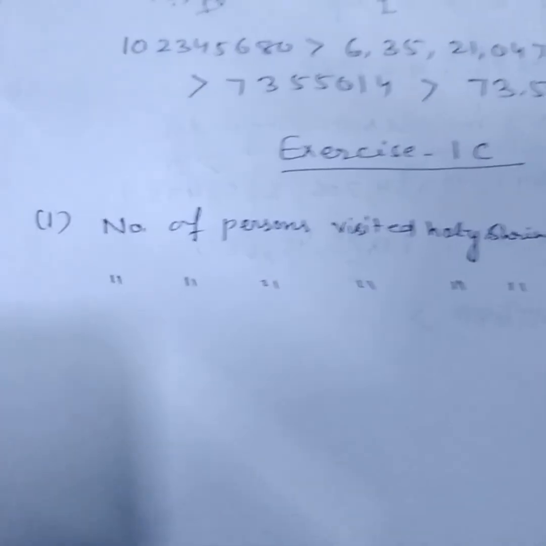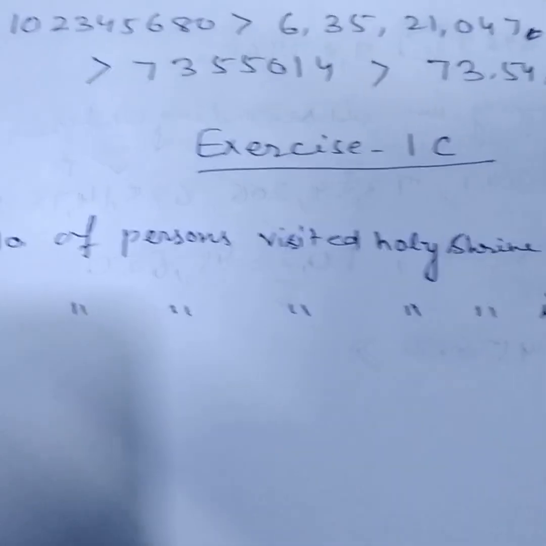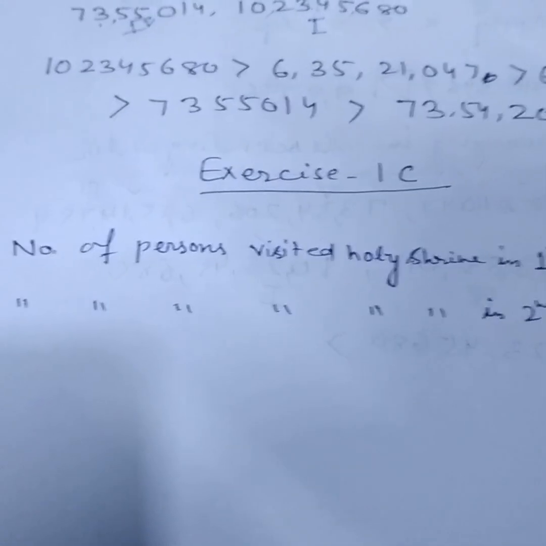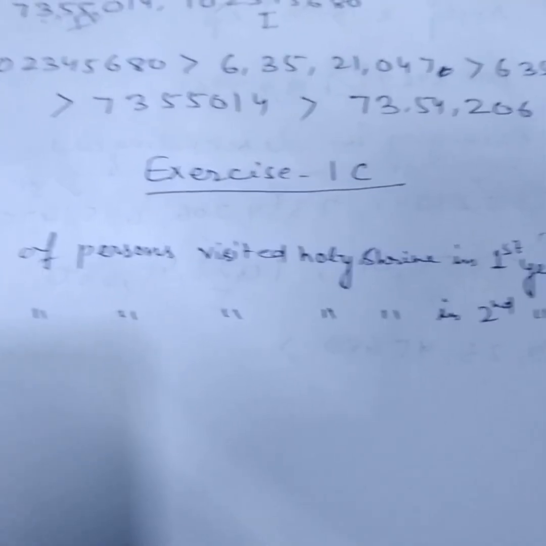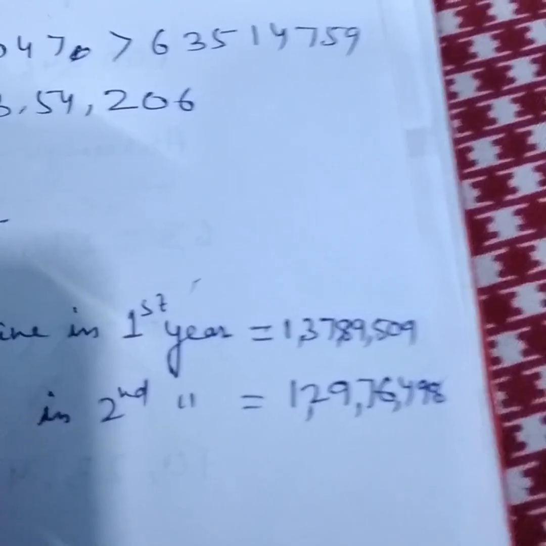Now children, I am going to explain its solution. Number of persons who visited the holy shrine in the first year and in the second year. First we will write for both years.